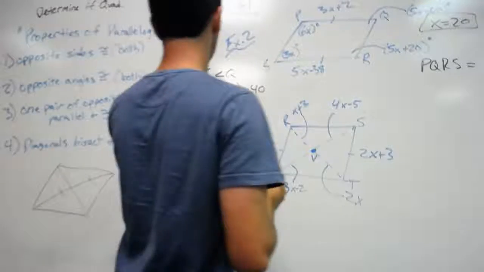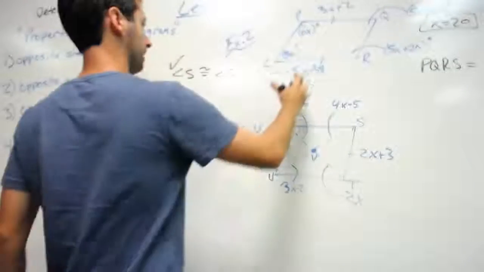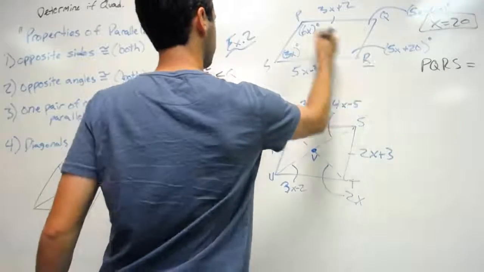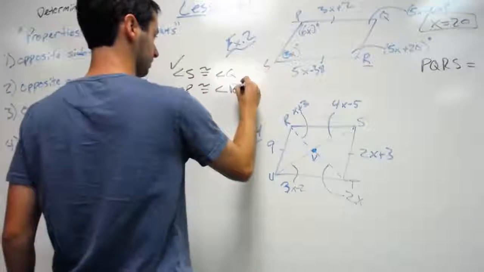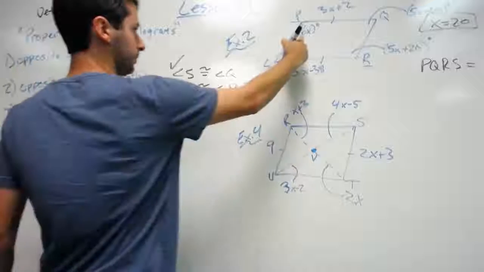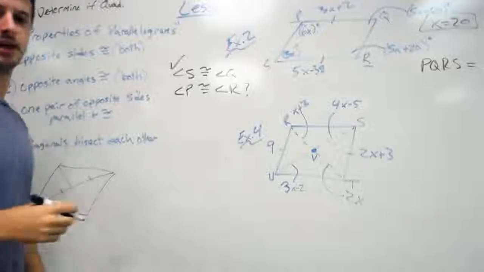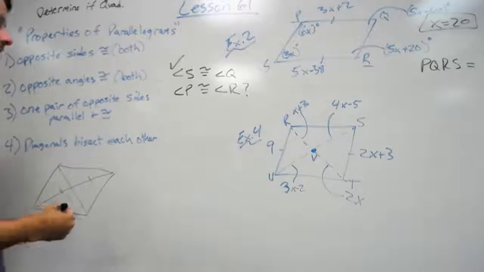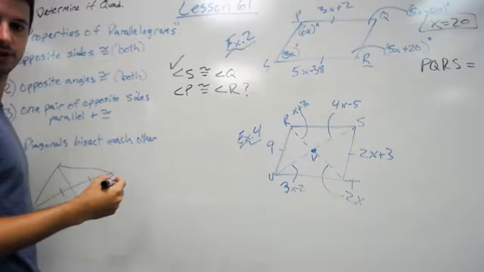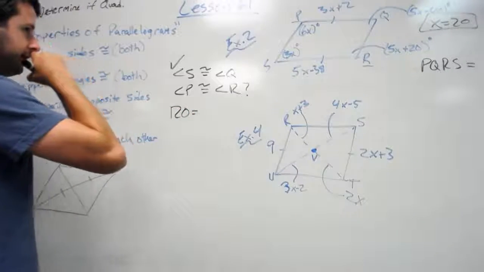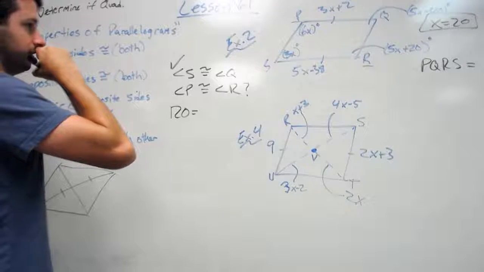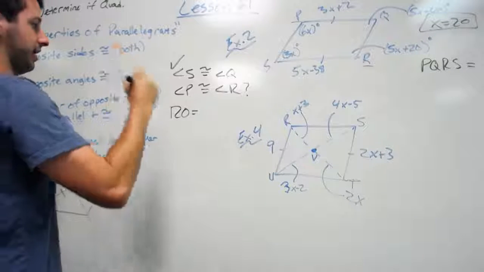So we got one pair of opposite angles congruent. Now we got to see P and R. P is 6 times x, so 6 times 20. 6 times 20 is 120. Doing some mental math here. And that is equal to 5x plus 20.